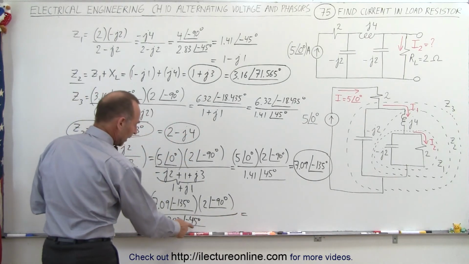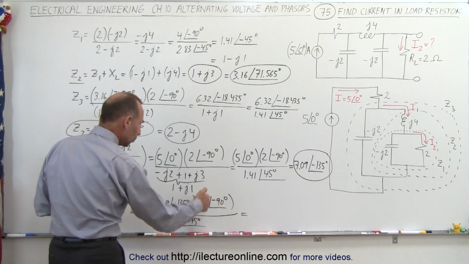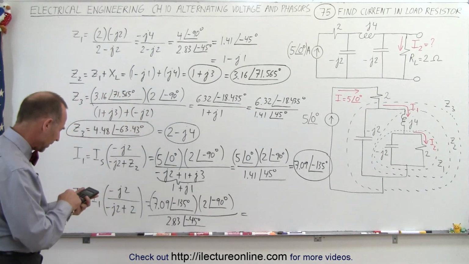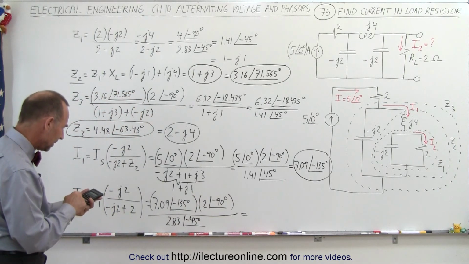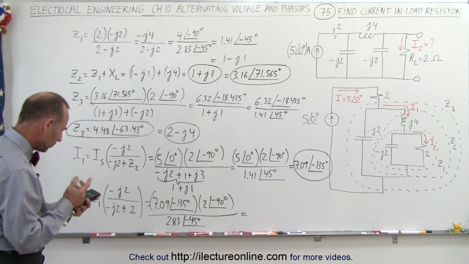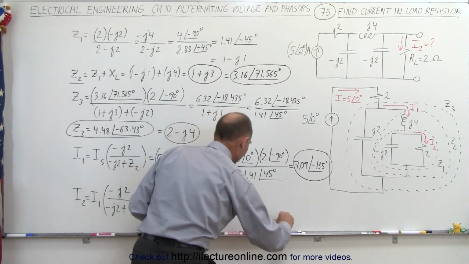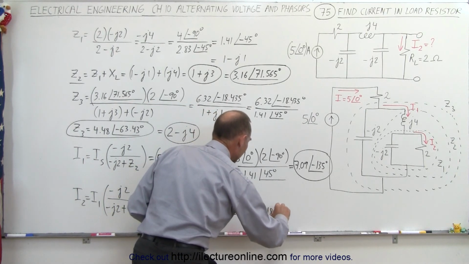Notice when we bring this to the numerator, it becomes a plus 45. This gives us a minus 90, which is minus 180, and we get 7.09 times 2 divided by 2.83, which is equal to 5. So it would be 5 with a phase angle of minus 180 degrees.